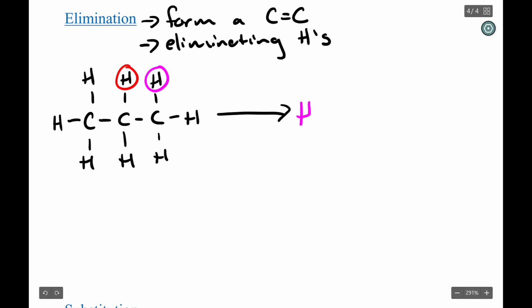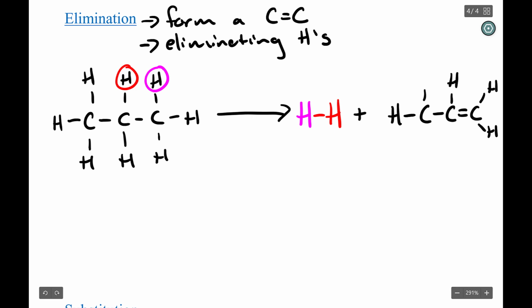So they would form a hydrogen molecule, or H2 molecule, and then the carbons that lost those would form a double bond between them, essentially forming an alkene. So then that would produce propene, like this.